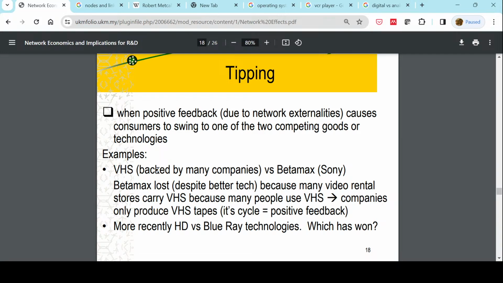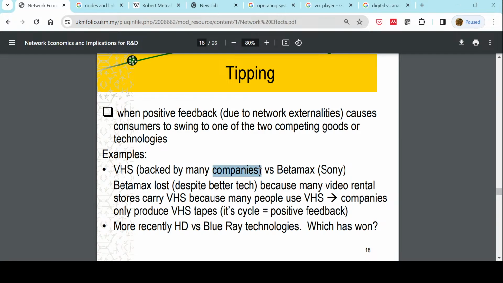So the more people use VHS, the more people buy VCR players with VHS technology, and less people buy Betamax, less people buy Sony VCR.